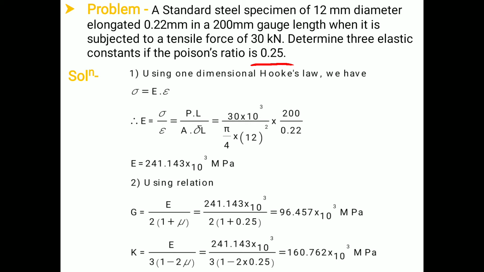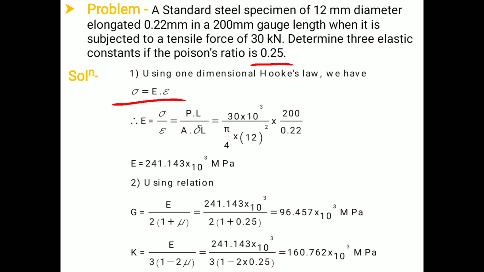Now we have the one-dimensional Hooke's law, which is given by sigma is equal to E into epsilon. Stress is directly proportional to strain, and we denote the proportionality constant by the letter E, which is known as Young's modulus.